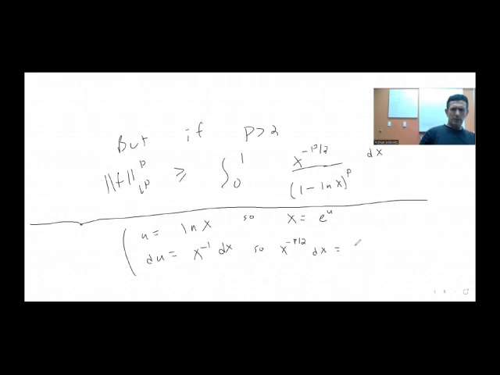I think the easiest way to do this, it's x to the minus 1 dx times x to the 1 minus p over 2. Minus 1 gives you minus p over 2. So what is this? Well, that's just du. And so this one here is just e to the 1 minus p over 2 times u.